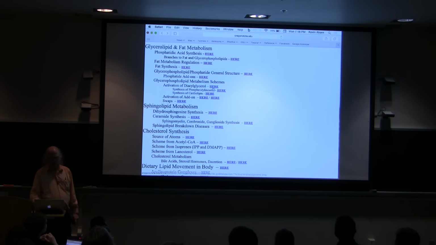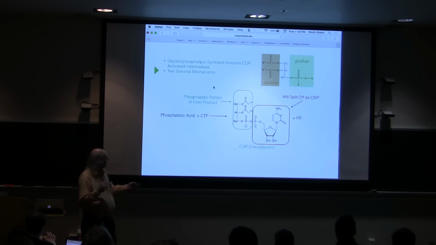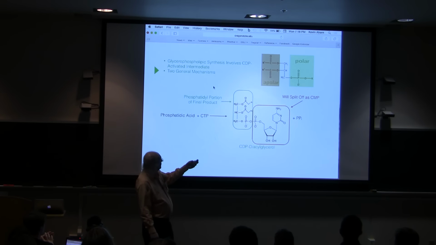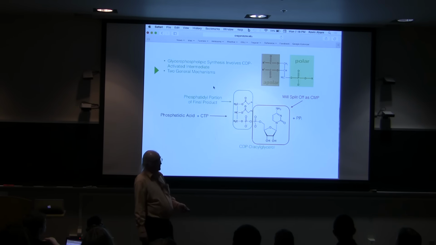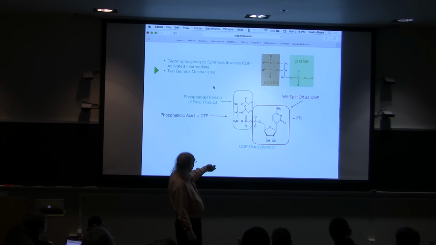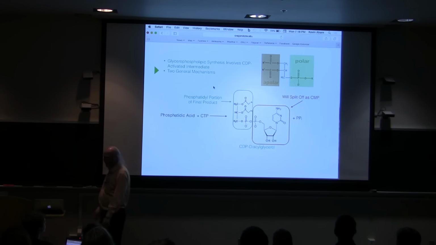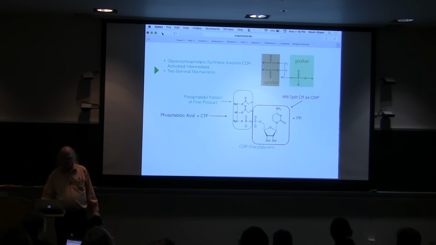And I pointed out that these guys can be synthesized by 3 different strategies. One strategy is to activate the phosphatidyl part. So you put a CDP onto where that X is there, and you've got a CDP diacylglycerol. So you've activated the phosphatidyl portion of the molecule.